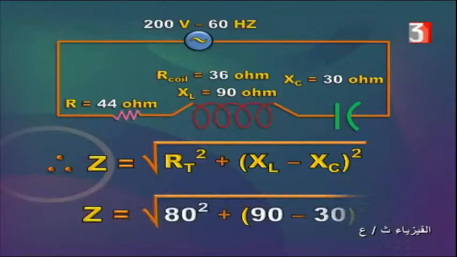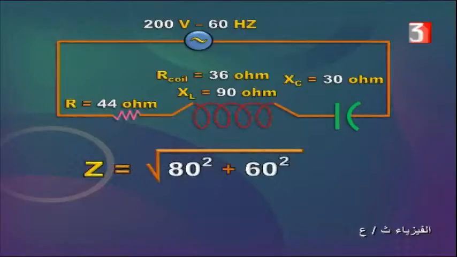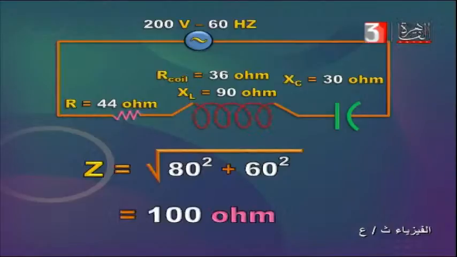So Z equals the square root of 80 squared plus 90 minus 30 squared, which is 80 squared plus 60 squared. Of course, it will be 100. So we've managed to obtain the impedance of the circuit. So it's all easy for you to calculate the current. How? V over Z.